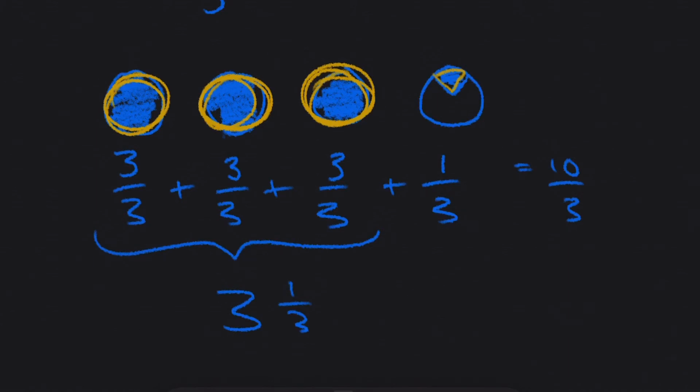So 3/3 go into 10/3 3 times, or in other words, 3 goes into 10 3 times, and there's 1 left over. This is a division and remainder question: how many times does 3 go into 10, and what's left over? 3 goes into 10 3 times, with 1 left over.